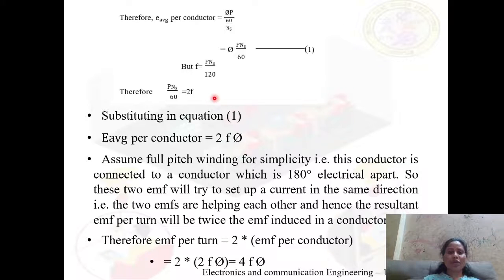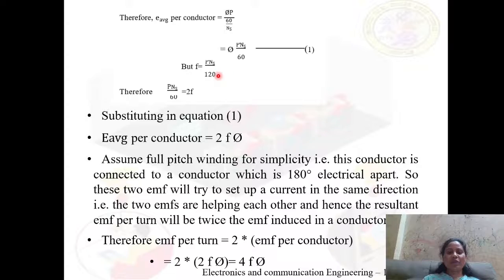Here the average EMF induced in a single conductor is equal to the change in flux, that is phi into P, divided by the change in time, which is 60 by Ns. So this will give us phi P Ns by 60.